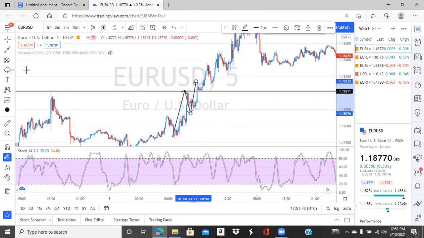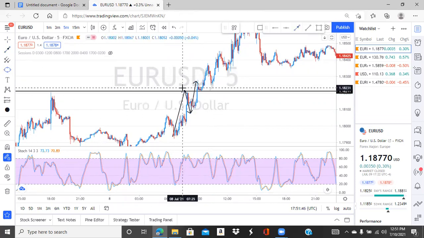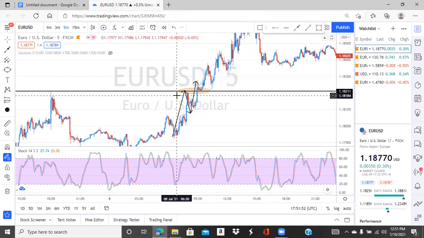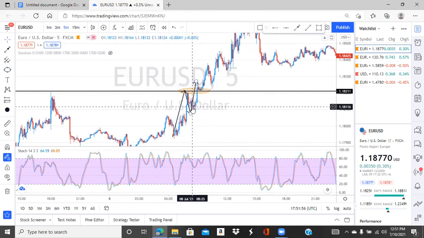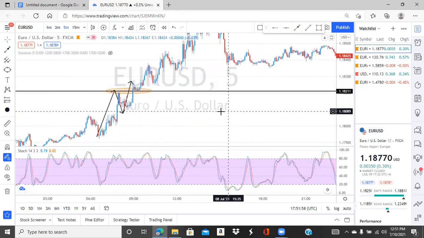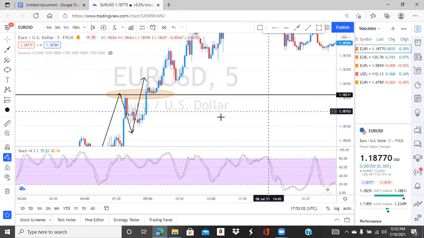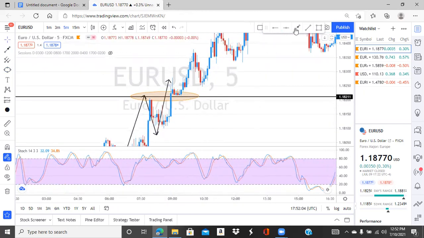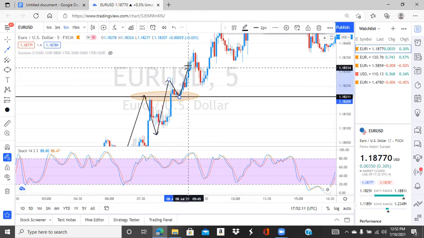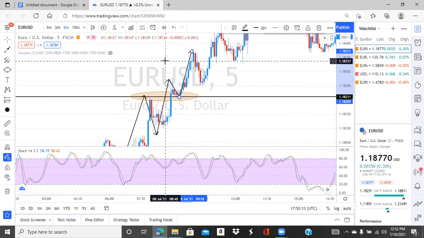And if you see what I see, you see that right here, this is where it was resistance, it fell, and then the market came up. And if I zoom into there, you can see that the market came right back down, hit this, and then continued up.